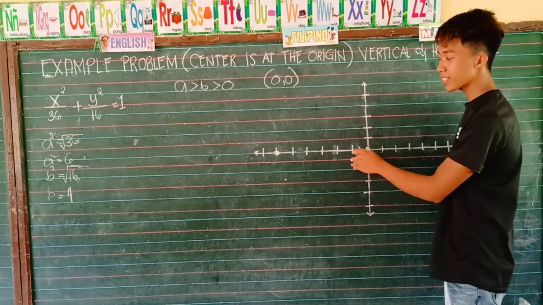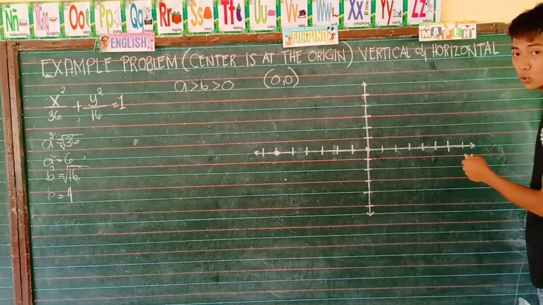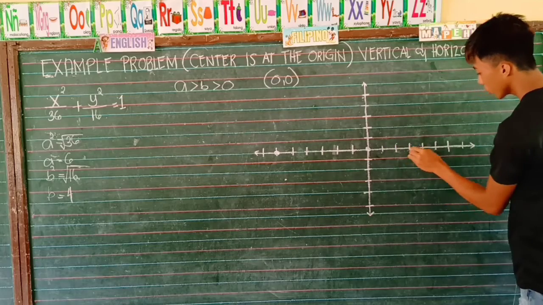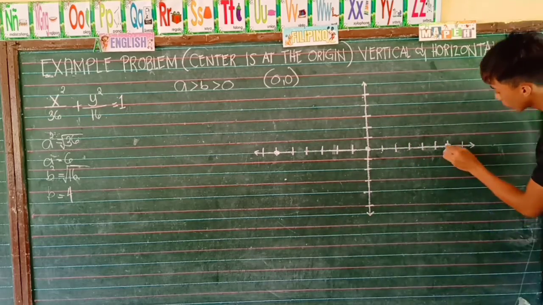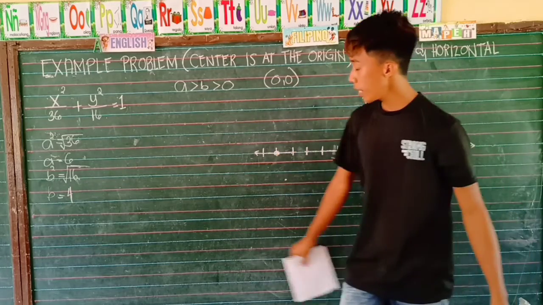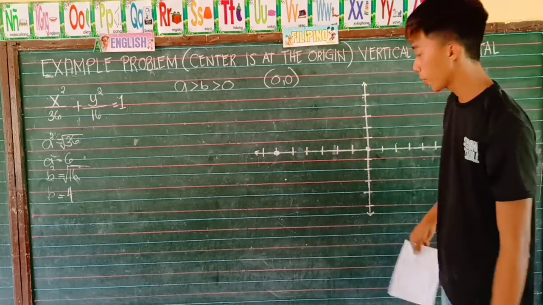The distance of our vertex from the left side, and the distance of our vertex to the right: 1, 2, 3, 4, 5, 6. Our vertex number 2, vertex 1. And then, the value of our co-vertices equals 4.